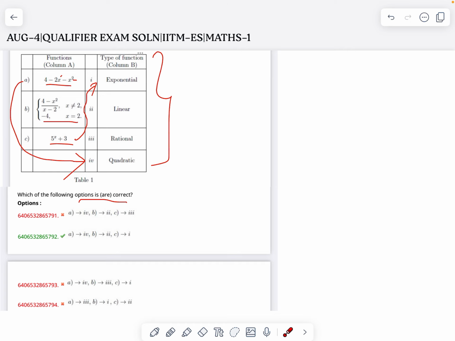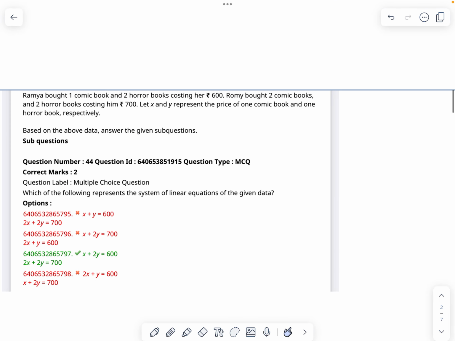So if you are plotting the graph, it will be a straight line. Hence, option B is belonging to 2. Hence, this one is the correct answer. Second option, A belongs to 4, B belongs to 2 and C belongs to 1. It is the correct answer. Alright, hope you got it. Now we'll go to the next sum.